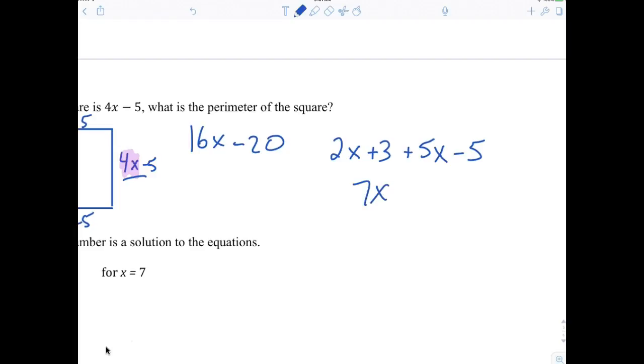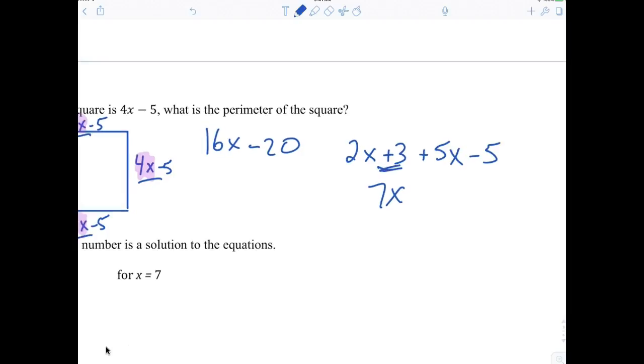Now, put the two numbers together. What's 3 minus 5? Well, negative 2, right? If you have $3 and you want to give me 5, you with me? So 7x minus 2.